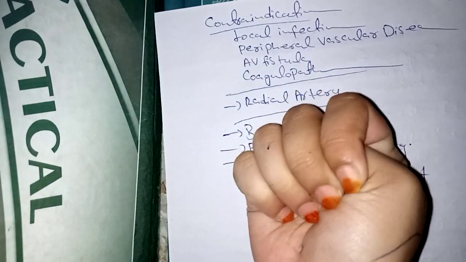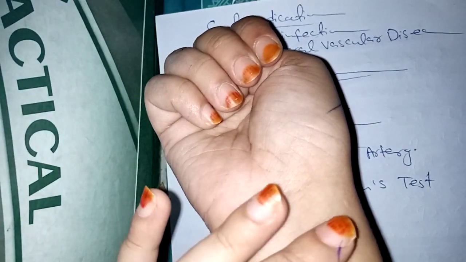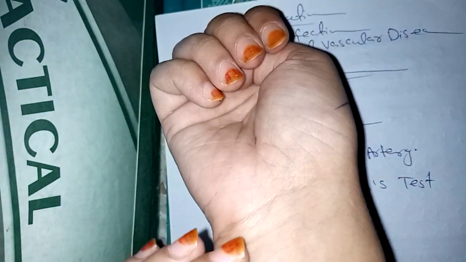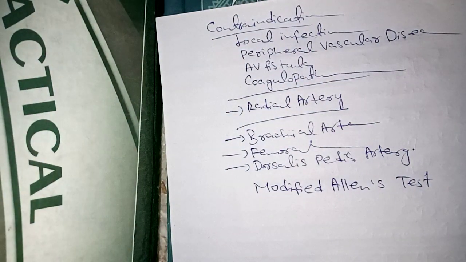Occlude both the radial artery and ulnar artery simultaneously, then ask to open up the fist. You can see blanching over the fingertips and the palm.